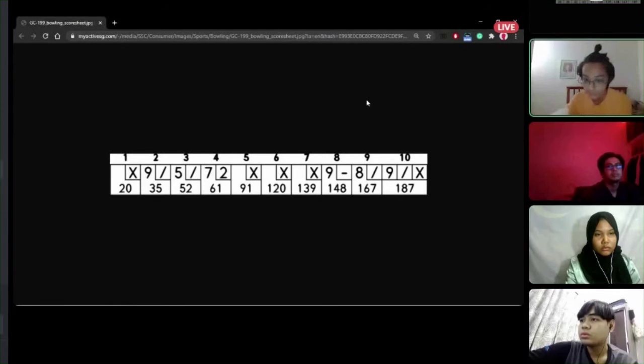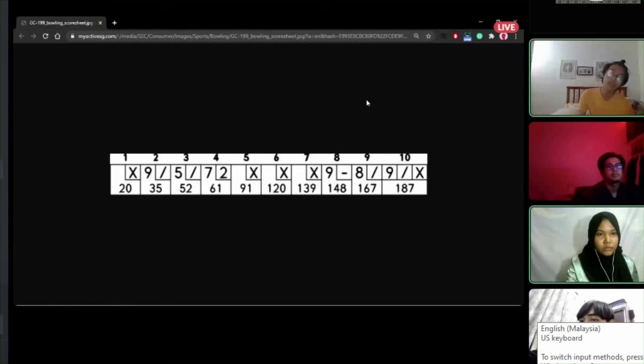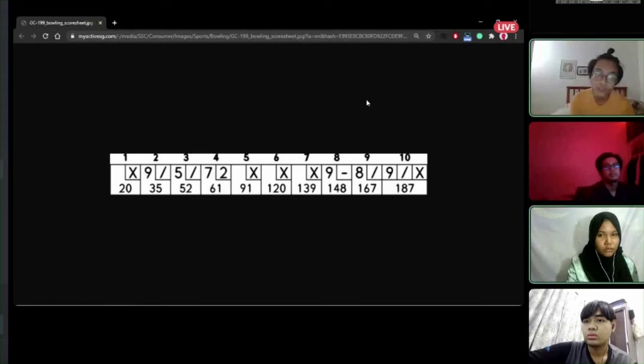So there might be three situations for each player. First, the player knocks down all the pins with the first ball, which ends the frame, and it's called a strike.